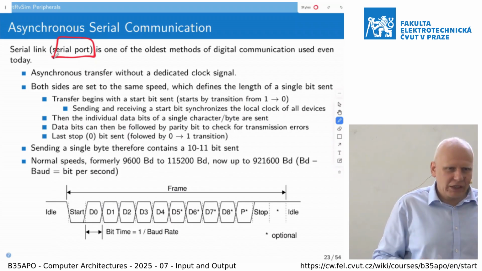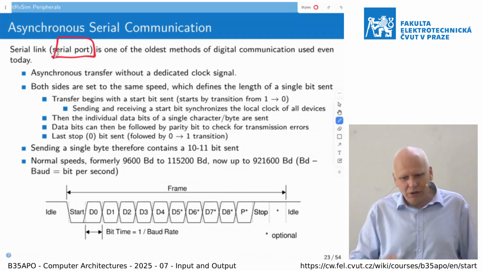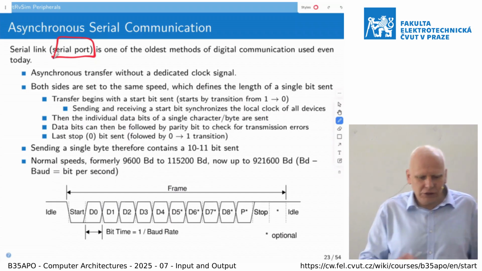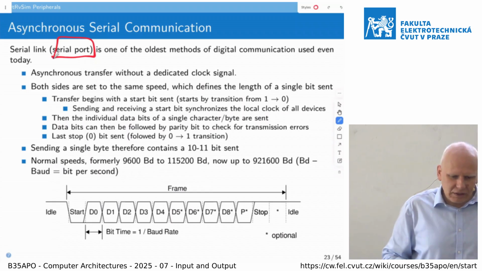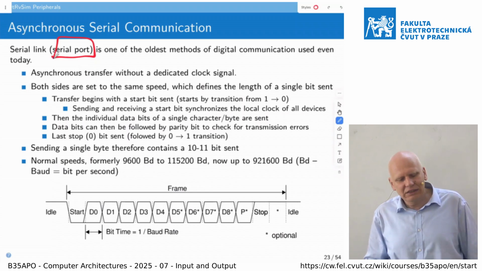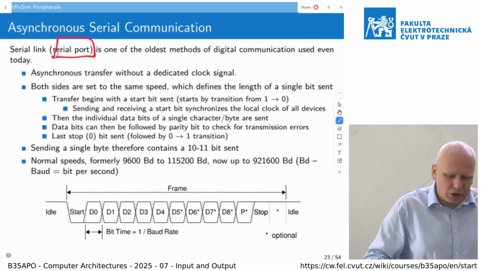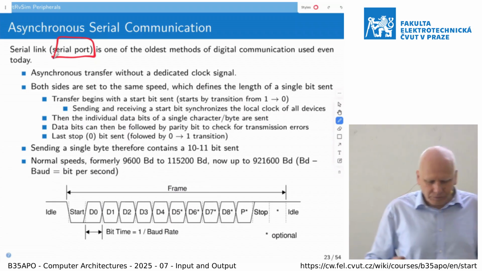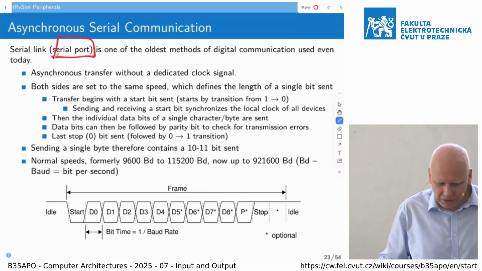For example, on most hard drives you find somewhere pins or pads to which you can connect and communicate with the firmware of the device. In each of your mobile phones there is internally this communication, which was used for the initial debugging of the system on chip, and so on. So it is still quite common, but not so much seen on PC boxes or external connectors of the mobile phone.